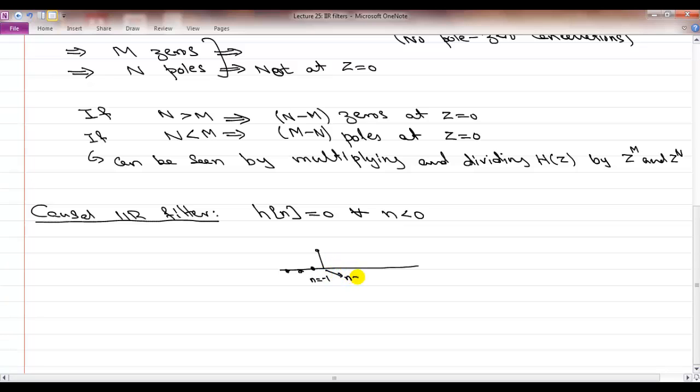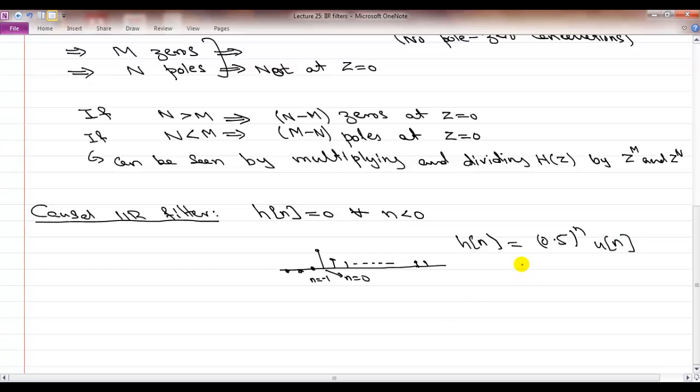So let's say this is n equal to 0. And then, of course, it keeps on going. It does not stay 0 always. It always has some value. So h of n equal to 0.5 to the n times u of n, for example, is an IIR filter.